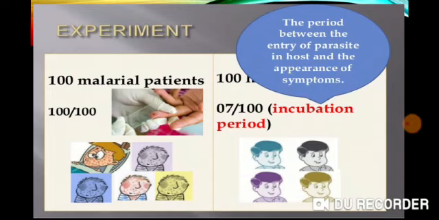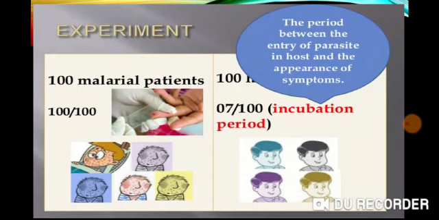So that is why the experiment was conducted. Laveran conducted an experiment on 100 malarial patients, and he studied their blood samples, and plasmodium was found in every person's blood.